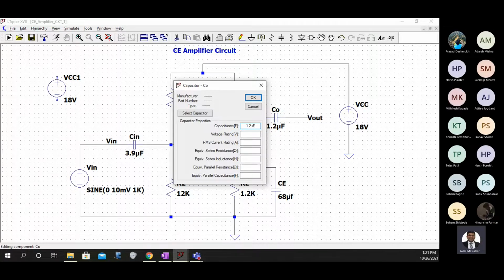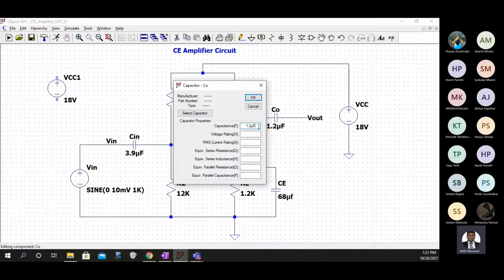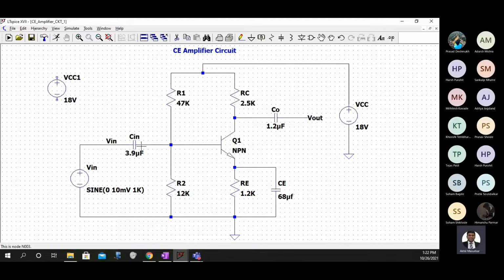So when I type UF, it takes it as micro. So if you again right click on this, you can see that U has got converted to micro. That's a good question. Yes, any question like this you should ask. This might be the question of many others.